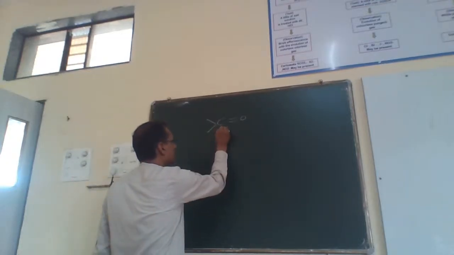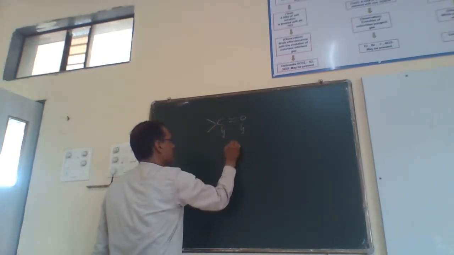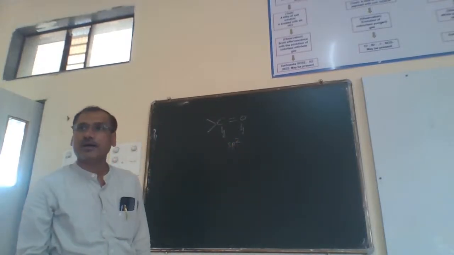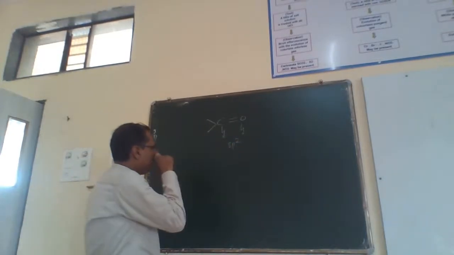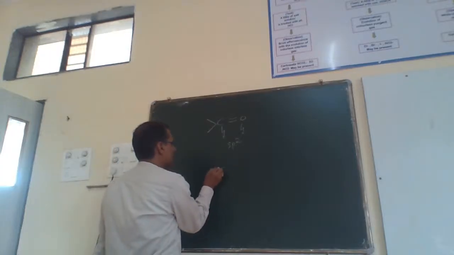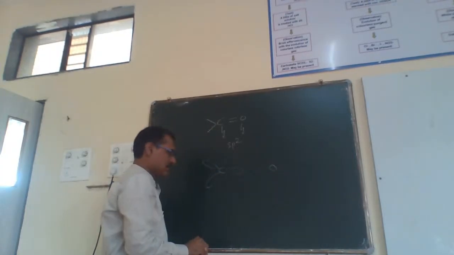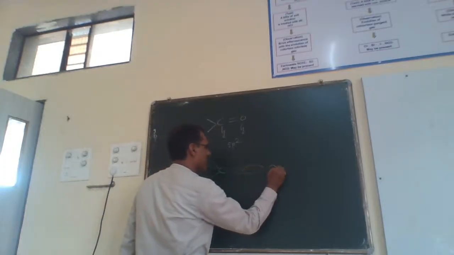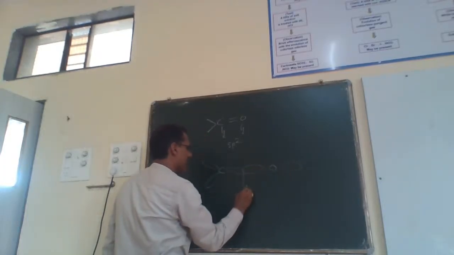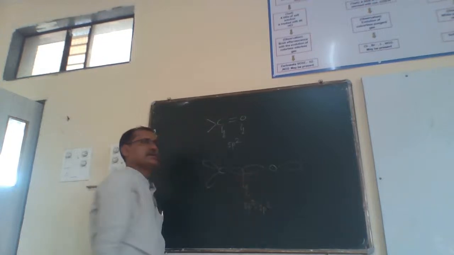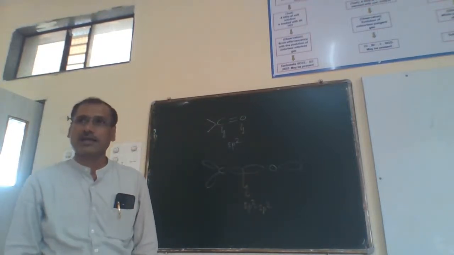In the carbonyl group, both carbon and oxygen are in a state of sp2 hybridization, which means that the carbon-oxygen sigma bond is formed by sp2 overlap.